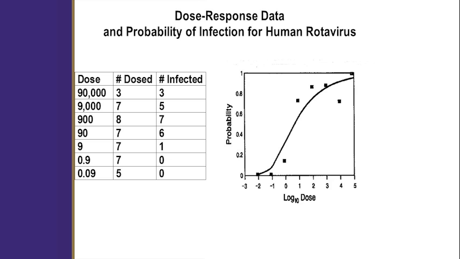The fact is, there is a lot of variability in this circumstance, both within the dose and in the host response. What we can see is, higher doses generally have a higher probability of initiating infection. Lower doses, much lower probability. So when I say the ID or infectious dose is 10, am I talking about 100% infection?